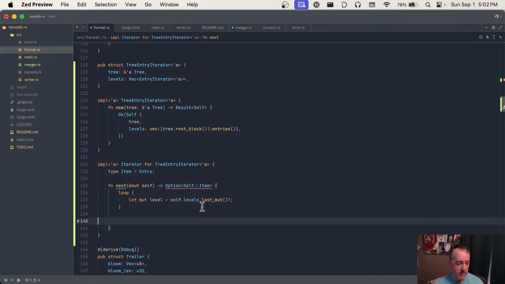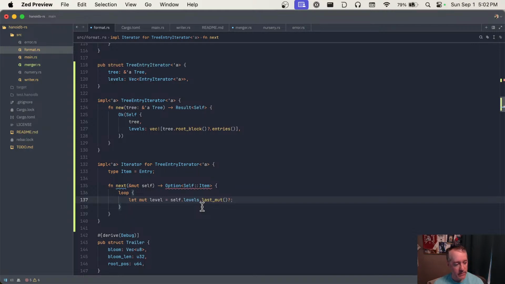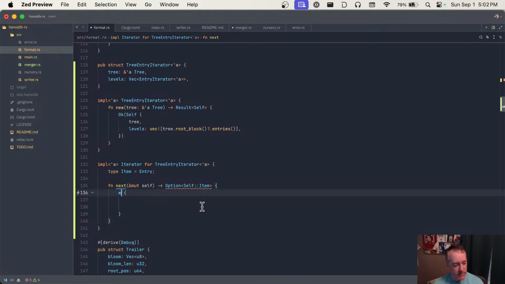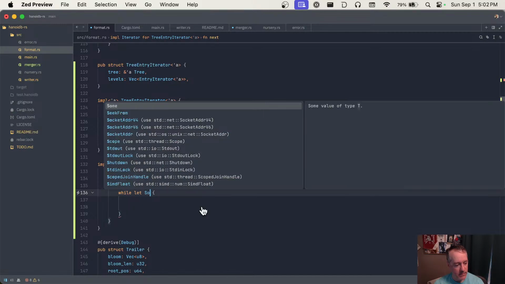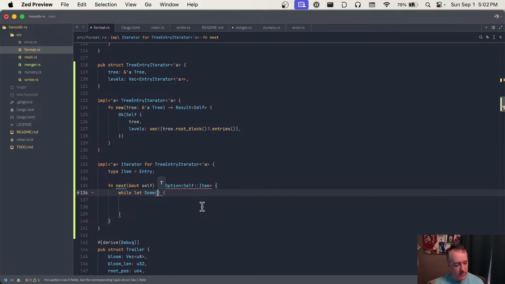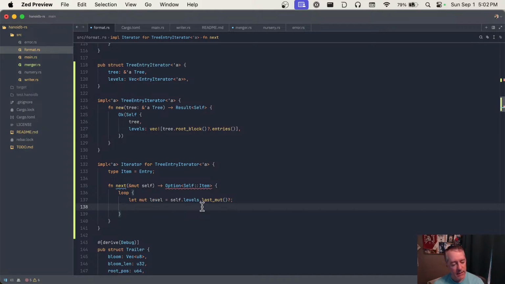So if there's no level, right, this could be while let. And let's not refactor it like that yet. What I'm thinking about is we need to check if this iterator has anything in it.